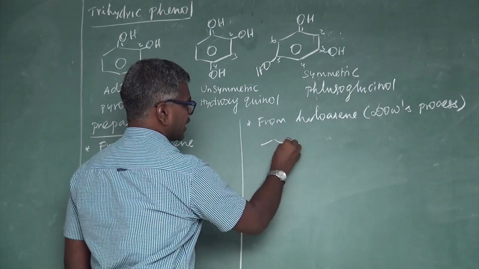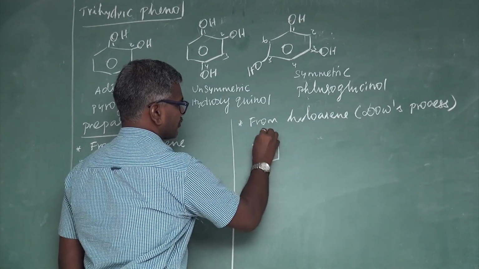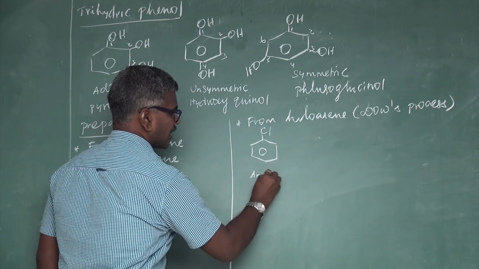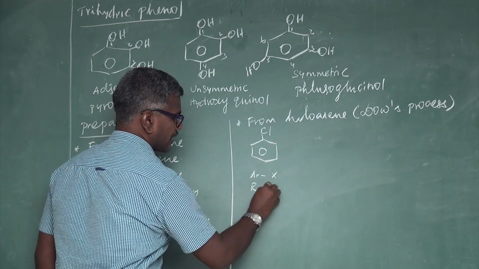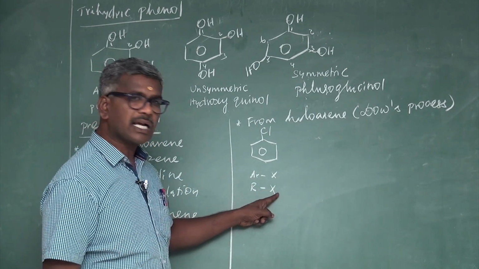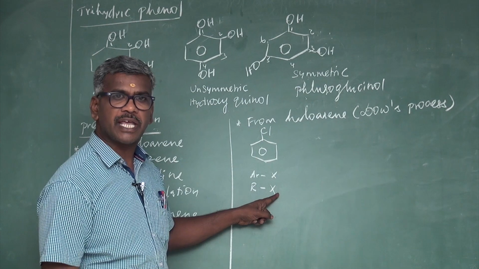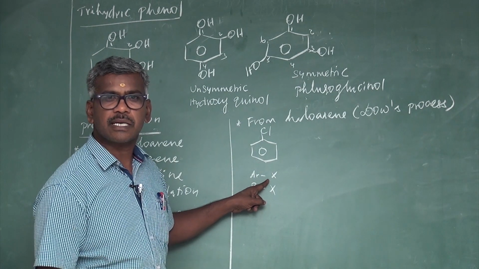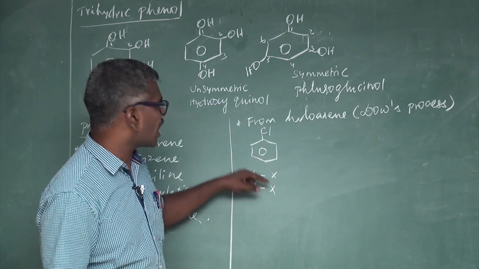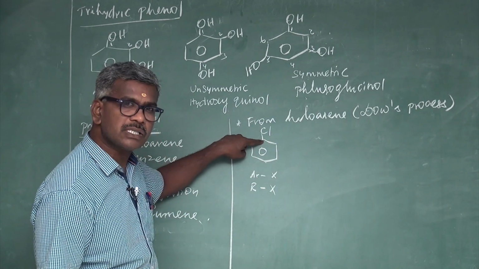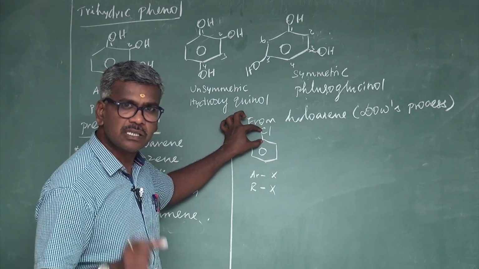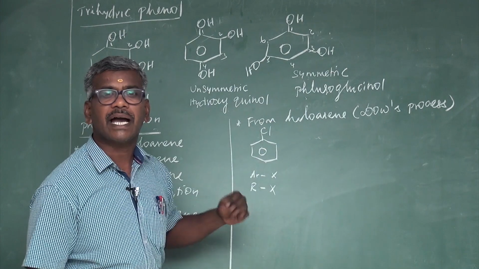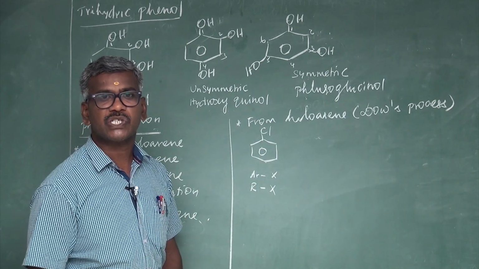The starting material is haloarene, Ar-X, not R-X. Generally, alkyl halides undergo nucleophilic substitution, but aryl halides undergo it less readily. Why? Because the halogen attached to the benzene nucleus forms a short, strong bond that cannot break easily, but it breaks at high temperature and pressure in the presence of NaOH.